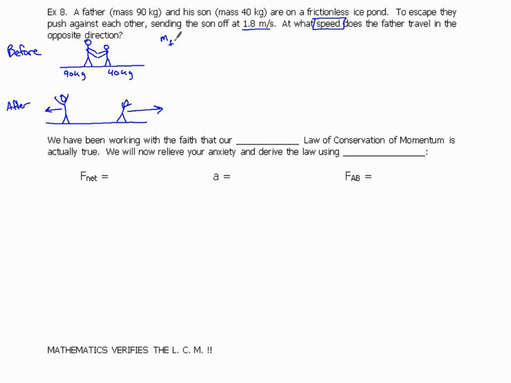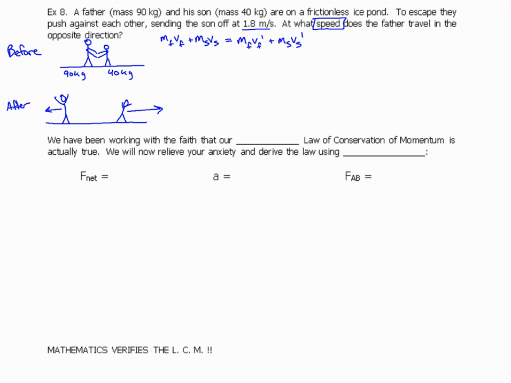So the mass of the father times the initial velocity of the father, mass of son times the initial velocity of the son, equals the mass of the father times the new velocity of the father, plus the mass of the son times the new velocity of the son. Same formula, we just replaced A and B with F for father, S for son. Doesn't change what we're doing here.